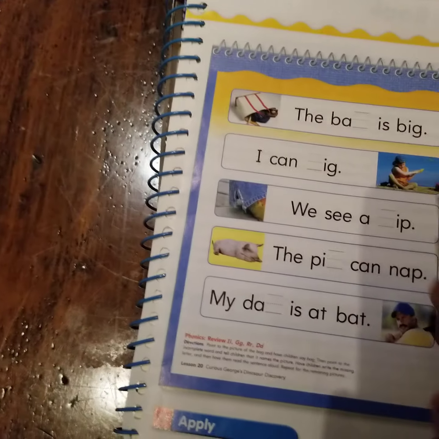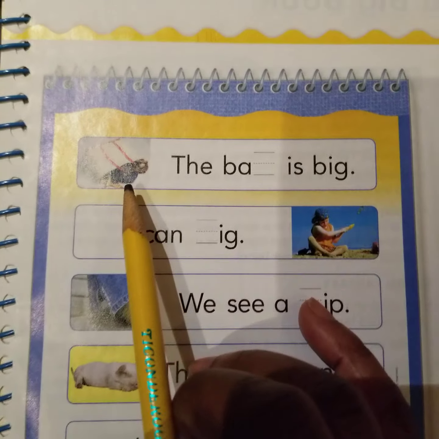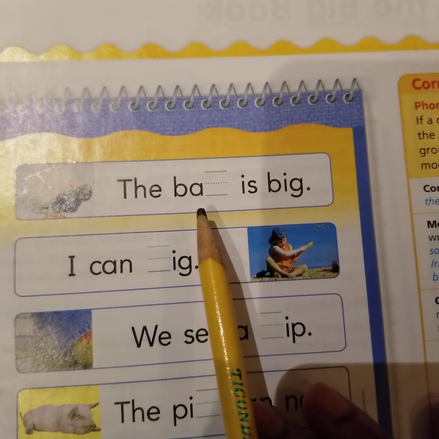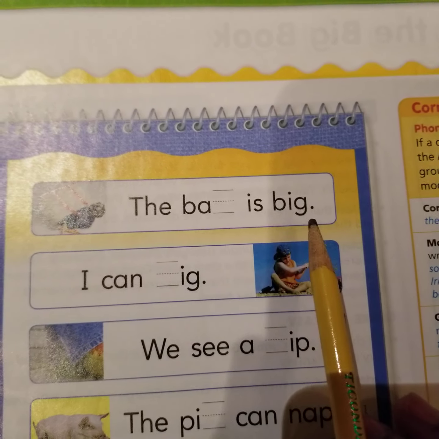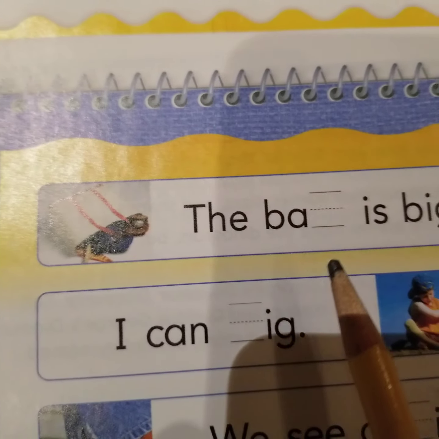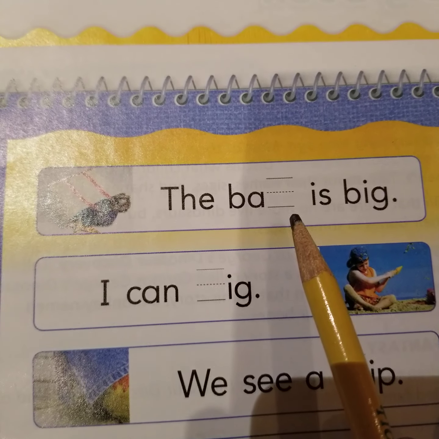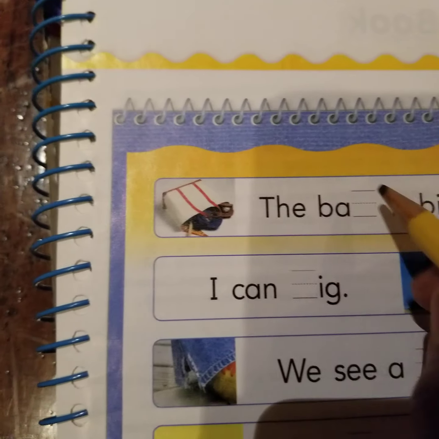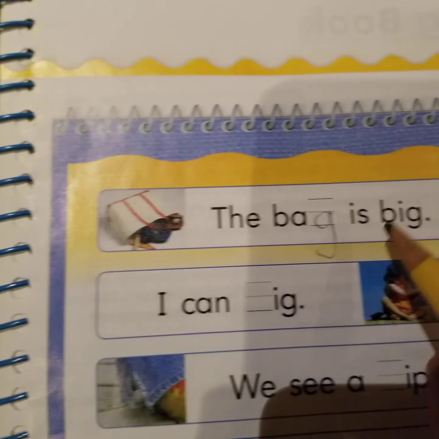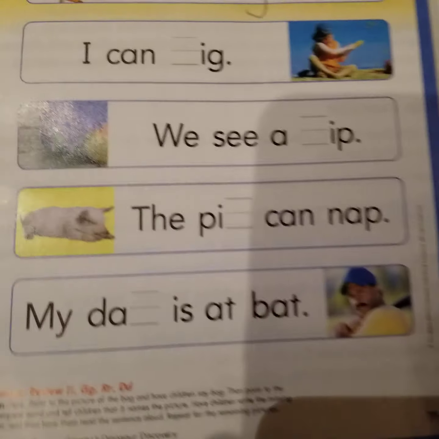So let's complete these sentences. The pictures are giving us clues as to what we're looking at. And so it says the blank is big. I don't know if you can see that. And so what letter would we put in there? The b, a, g. Good. The bag is big. Nice job.